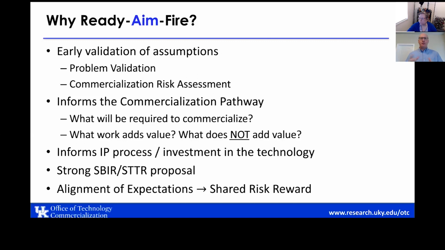As you've got multiple parties involved, and everybody has understandings between one another about what this process looks like, you can really align your expectations and move into this position where you have shared risk and reward, where everybody defines success the same way. And that's success of this technology making an impact in the marketplace. If you can get to that point with this alignment of expectations, then you've got strong potential for this technology to move forward.